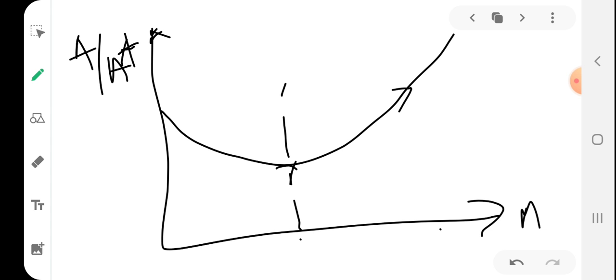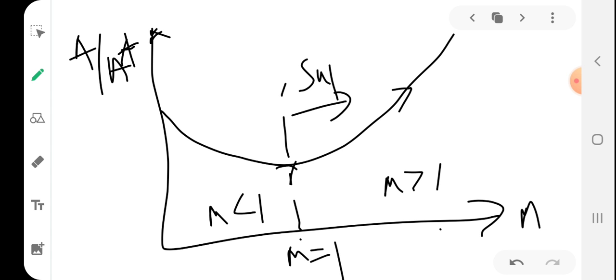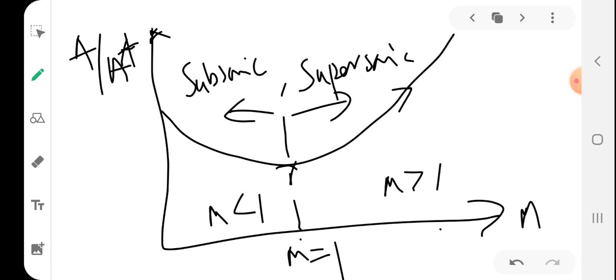This point is M equal to 1. Here it will be M greater than 1, here it will be M less than 1. So this direction is supersonic, this direction is subsonic. This will be the variation of area ratio with Mach number.